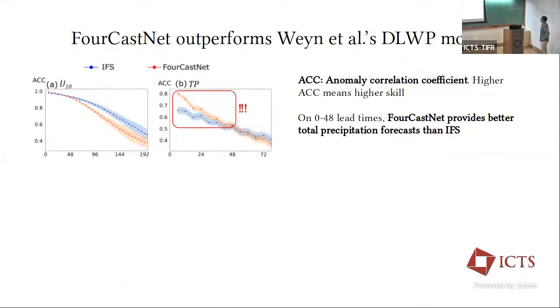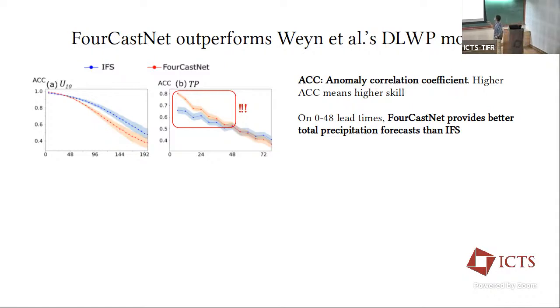So to quantify this skill, to reduce the error metric to one dimension, they use this quantity called the anomaly correlation coefficient. It's just a measure of the correlation, the predictive capability of the model. The exact definition you can feel free to go into the paper and see for yourself.